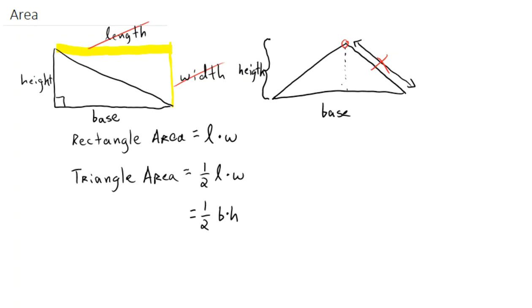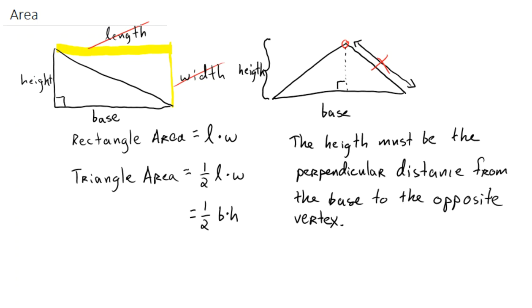Sometimes you'll see that people talk about dropping a perpendicular. So you'll see it going down the triangle like that. We'll put a little square out there, and that emphasizes what's needed with the height. And that's the idea that the height is perpendicular. It's a length that's perpendicular to the base, from the base to the opposite vertex of the triangle.